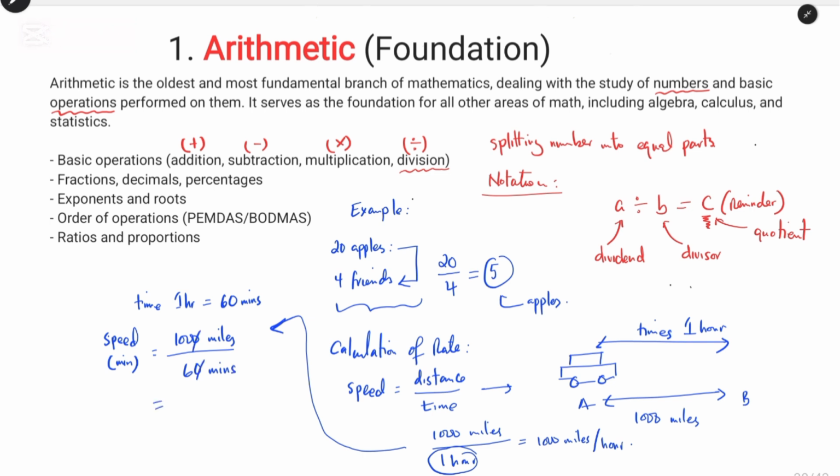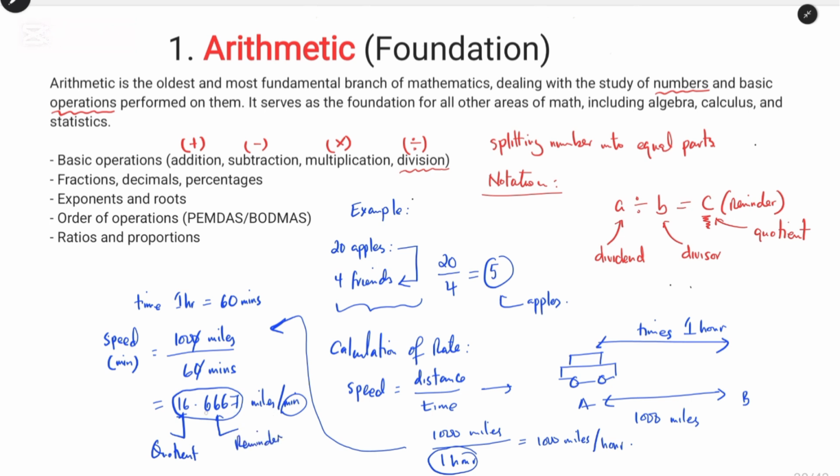We can cross the 0 and 6 into 100. You will have 16.6667 miles per minute. That means every 1 minute you covered 16.6667 miles.